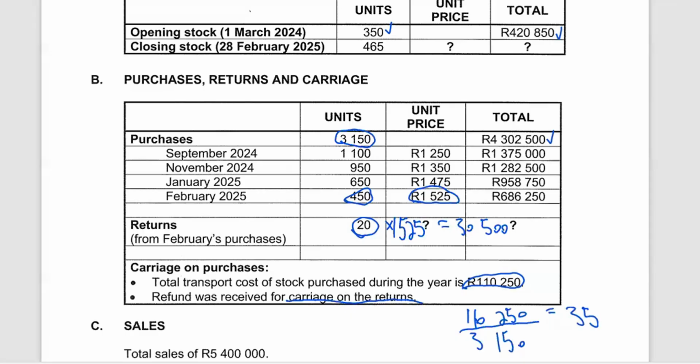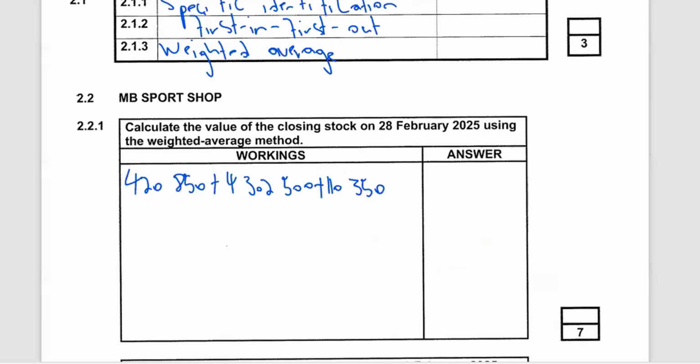So we have returned 20 units and we paid transport 35 rand for each unit. So 20 multiplied by 35. Then we get our answer, which is 700. Then 30,500 plus 700. Then we get 31,200. Since this is the return and the carriage on return, you're going to say the minus 31,200.